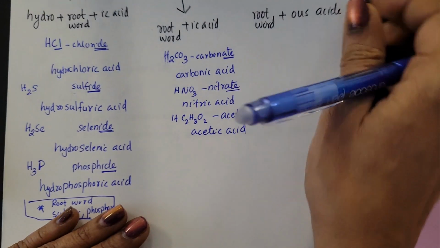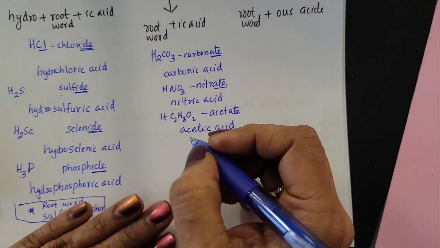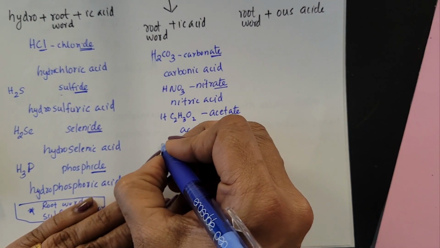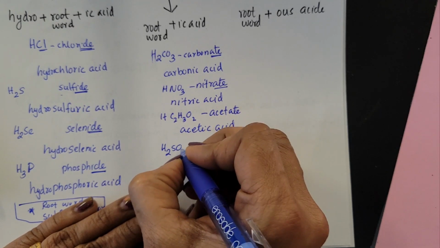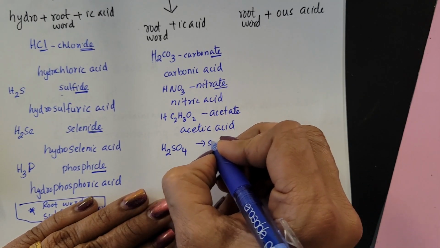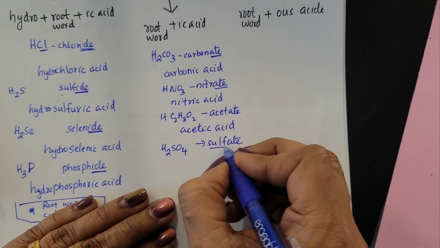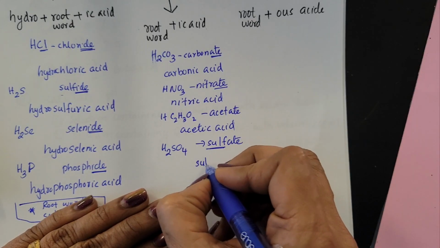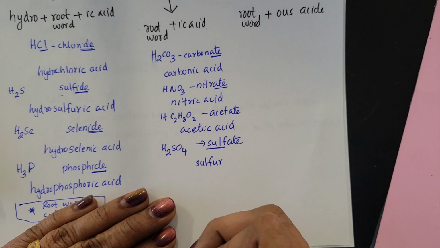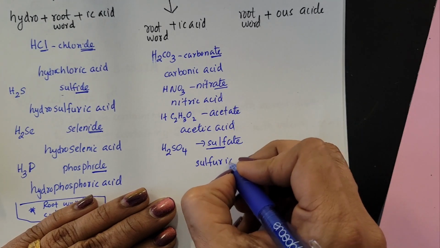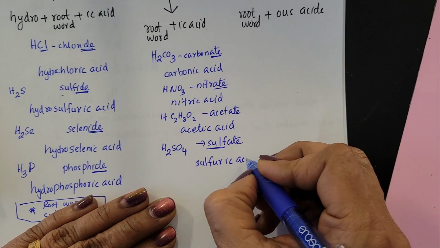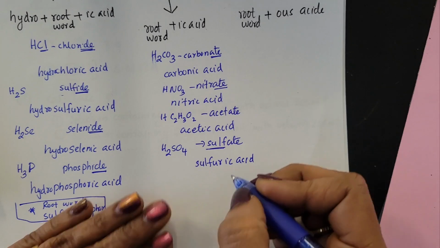Then as always, phosphorus and sulfur are the exceptions. Let's see that. If it is H2SO4, we know that the name is sulfate, but the root word is sulfur. So you are writing sulfur, then add IC acid. So it is sulfuric acid, not sulfic acid.